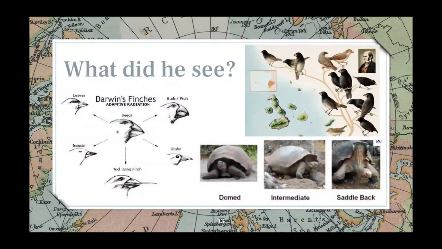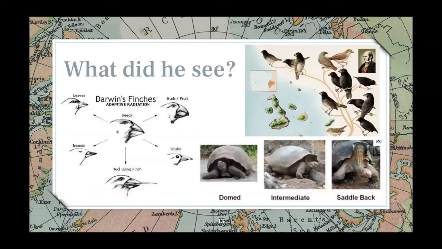Now, what did he see? Okay, so Darwin saw, first off, birds. He loved looking at birds. He loved looking at finches. He even has a whole entire set of birds called Darwin's finches. And what he saw is that these birds had a lot of the same characteristics, different coloring, but specifically their beak size.